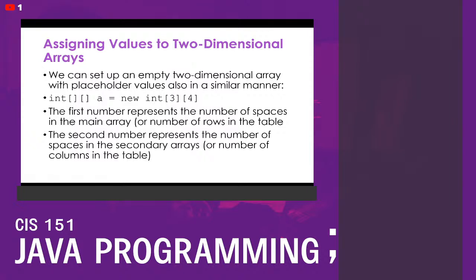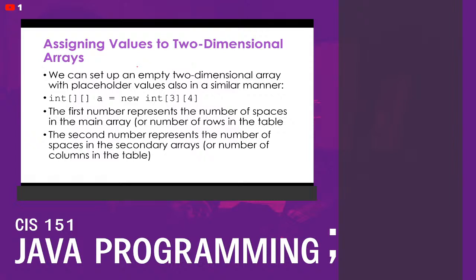And so in this instance, essentially we're creating a container of containers. We can set up something like this where we have a two-dimensional array that we're calling A, and we're setting up a new integer array with 3 values and then 4 values. The first one being the number of containers in the main array, and the second one being the number of containers inside the containers.